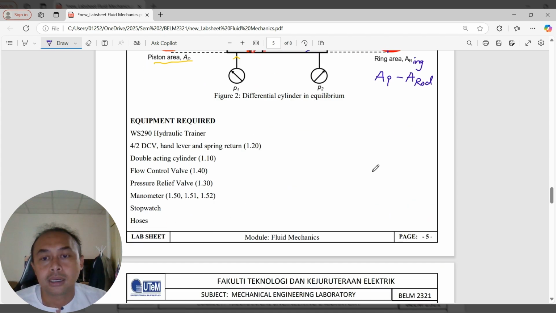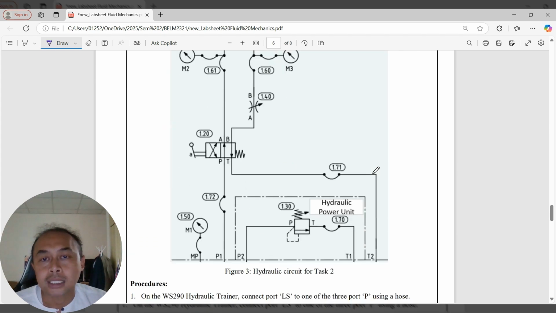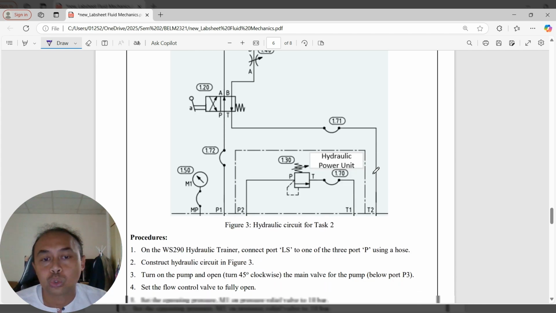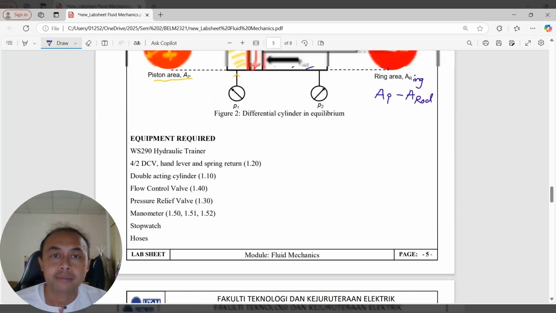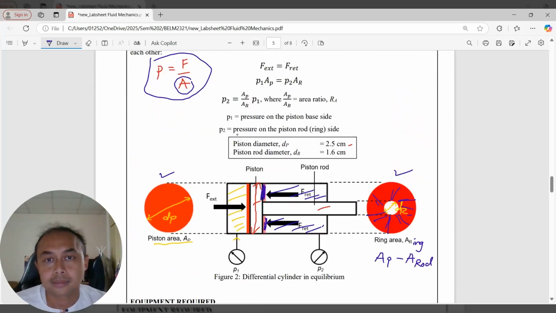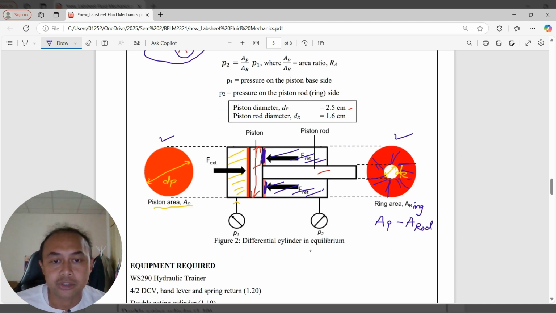During the experiment, of course, you have to read one by one, and there will be a specific instruction where you need to get the cylinder to be in equilibrium. When the cylinder is in equilibrium, this is exactly the figure of the cylinder in equilibrium.